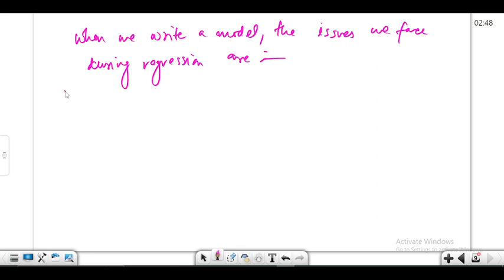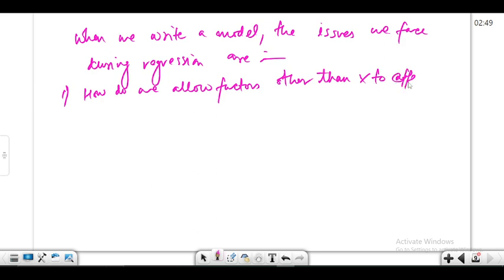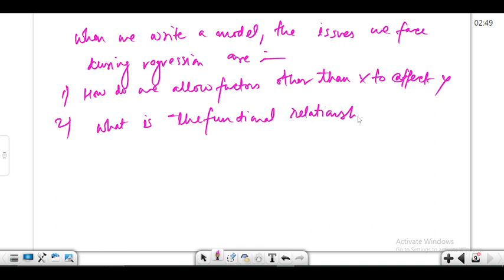The first one is, how do we allow factors other than x to affect y? Then the second one is, what is the functional relationship between x and y?